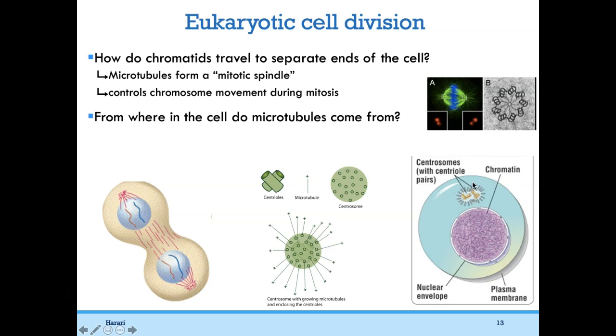So during cell division, the centrosome duplicates itself, and they're going to go to opposite sides of the cell. So normally we have one centrosome, but before division, we need to make a copy. So we have one centrosome that will be on one side, another centrosome that will be on the other side.